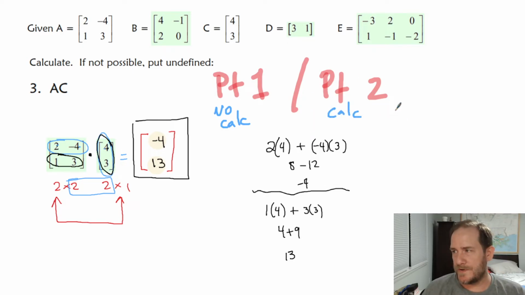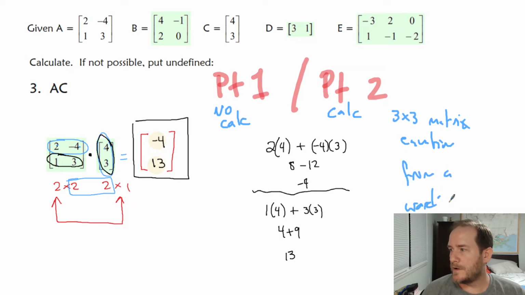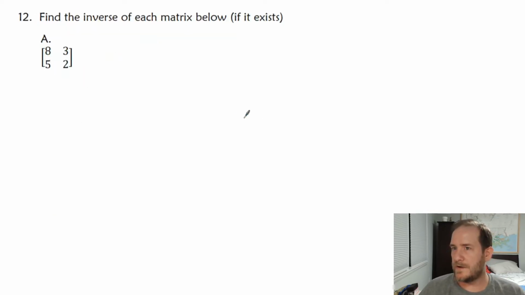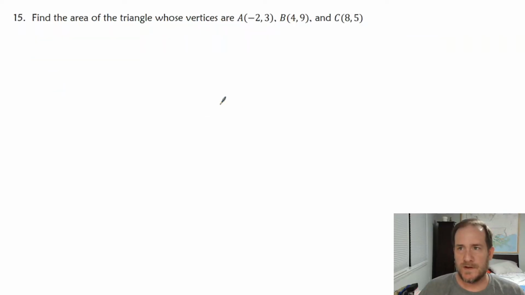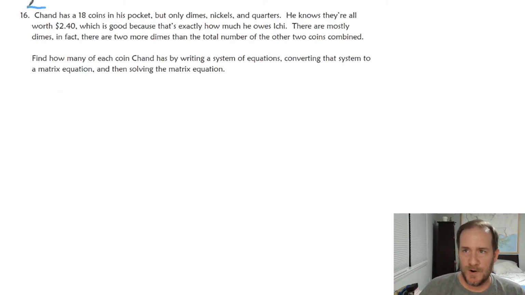And the only thing over here is going to be the 3 by 3 matrix equation from a word problem. That's part 2. So literally, I'm talking about, on this review at least, the Chand problem.